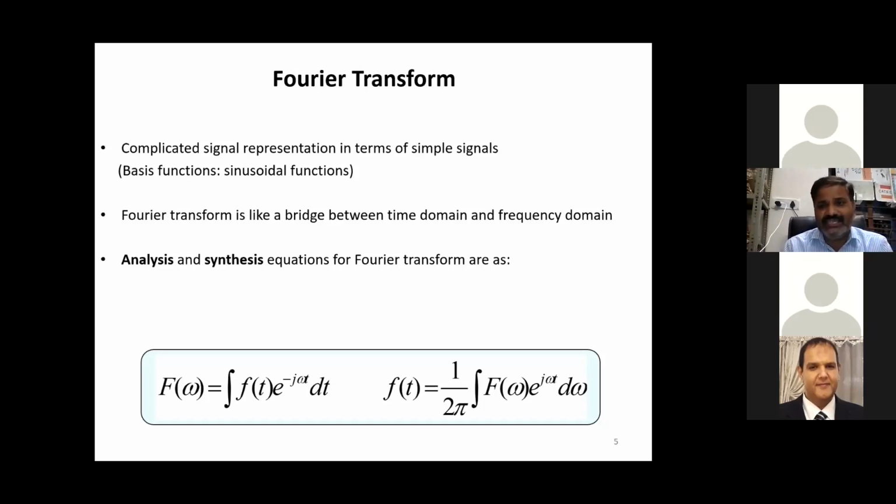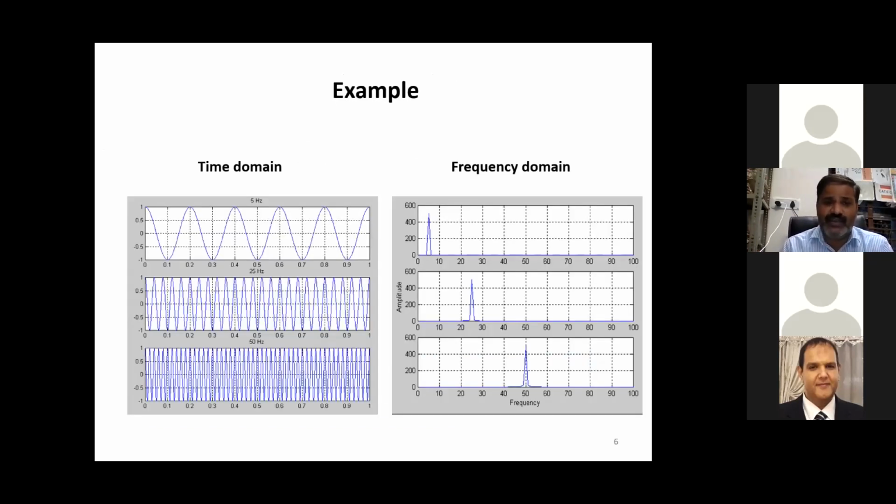And here you can see one example with three signals in time domain: a 5 Hz sinusoid, a 25 Hz sinusoid, and a 50 Hz sinusoid, and the corresponding frequency domain. There is a peak at each frequency component present in the signal. The first signal has 5 Hz frequency, its peak is at 5 Hz. The second one has a peak at 25 Hz, and the third signal has a peak at 50 Hz.